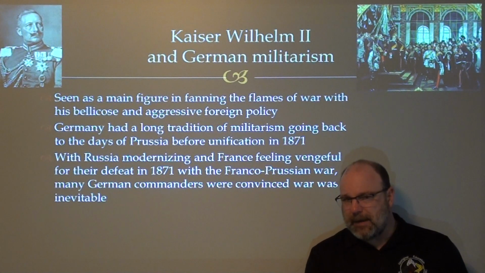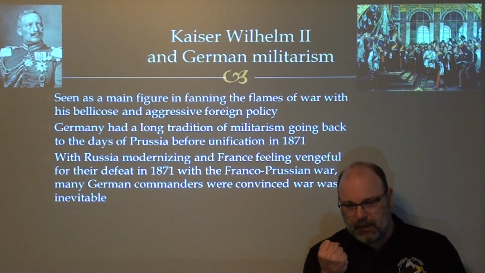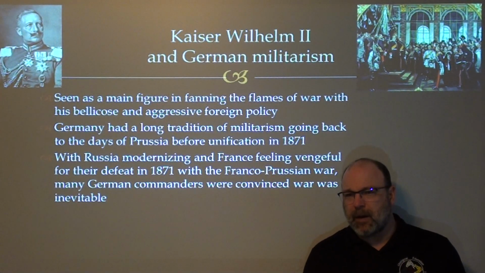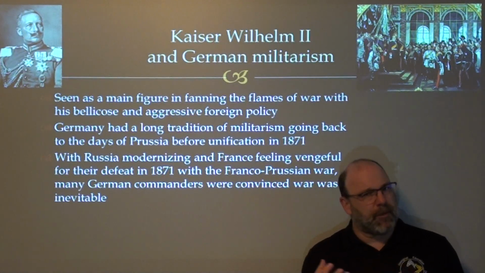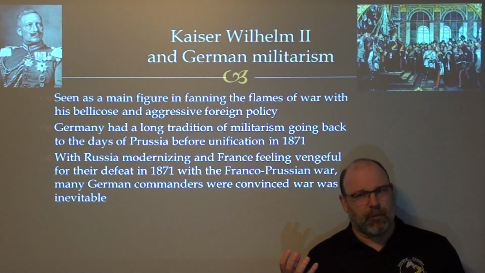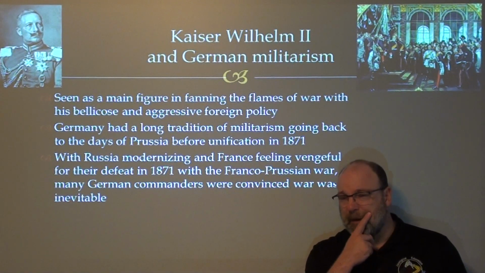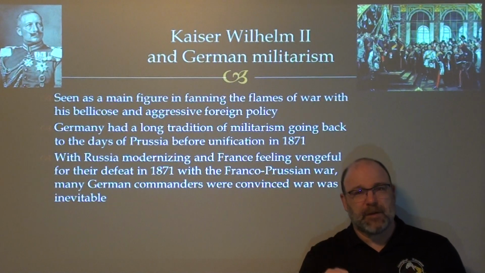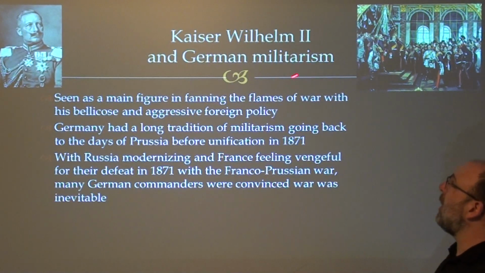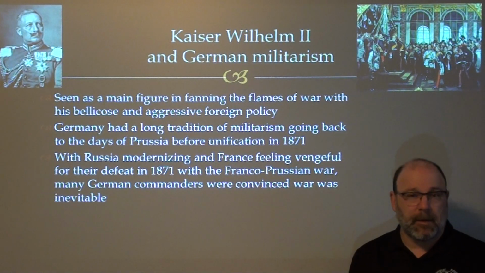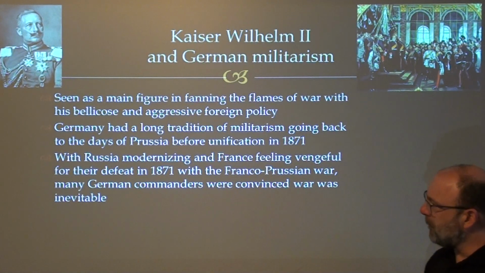So that day, the occupation of Paris after the Franco-Prussian War, stuck with France right through till the end of World War I, which is why it was so important for Georges Clemenceau, the French leader in 1919, to have the Treaty of Versailles signed in the very place where Germany declared its empire in 1871.